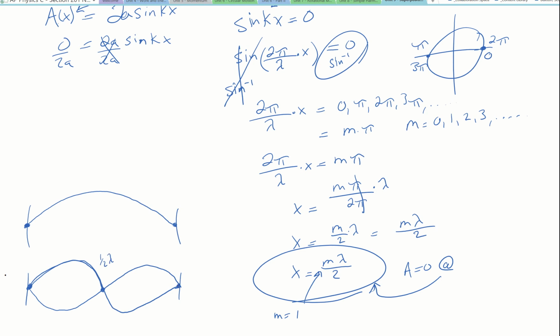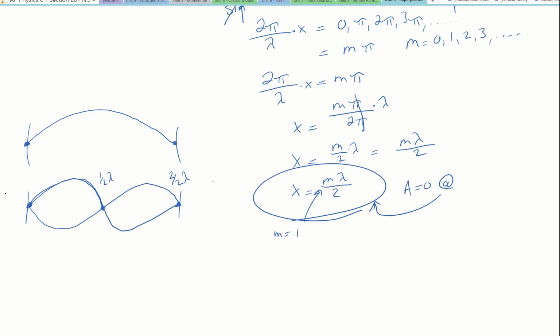The next node over here happens at 2/2, or a full wavelength. Once again, they're increasing in multiples of 1/2, which is what our equation is showing us. So x equals 1/2, or I could plug in 2. If I did m equals 2, I could do x equals 2/2, or I could keep going.